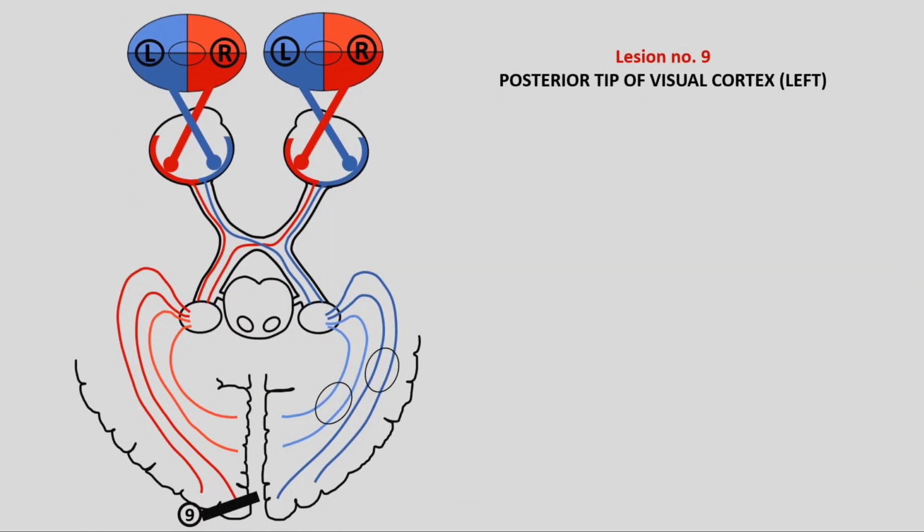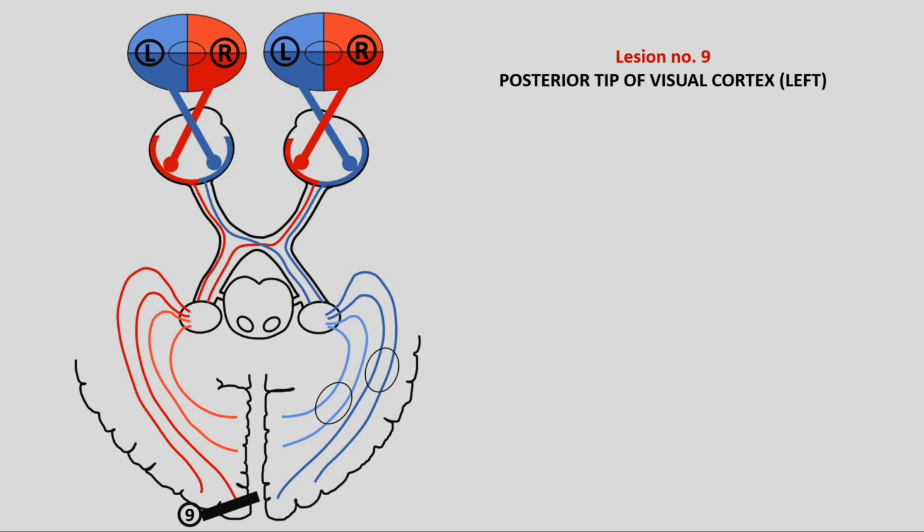Lesion number 9 is at the posterior tip of the visual cortex on the left side, and we have already seen in our previous video how fibers are arranged in the visual cortex, as the most central fibers go in the most posterior part of the visual cortex. So if the posterior tip of the visual cortex has any damage, then the macular field is going to be affected.